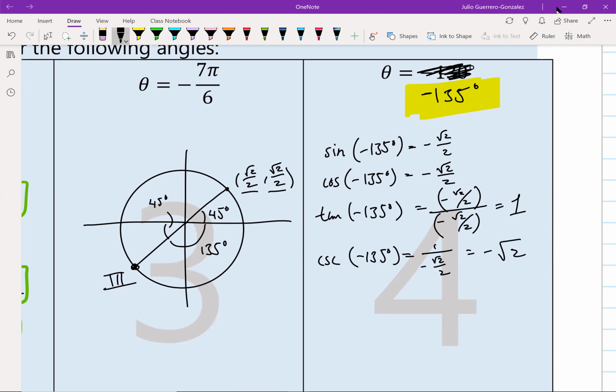Secant of negative 135 is 1 over negative root 2 over 2, negative root 2.